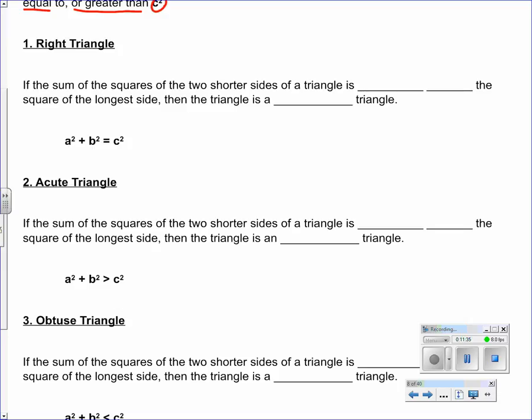So if a squared plus b squared is equal to c squared, then it's a right triangle. That just follows our regular Pythagorean theorem.